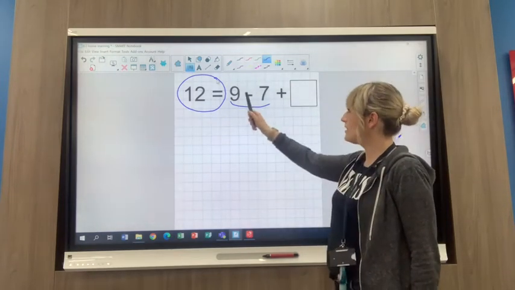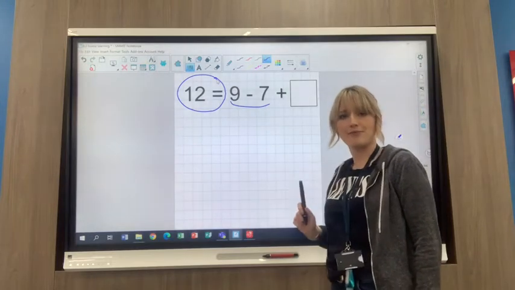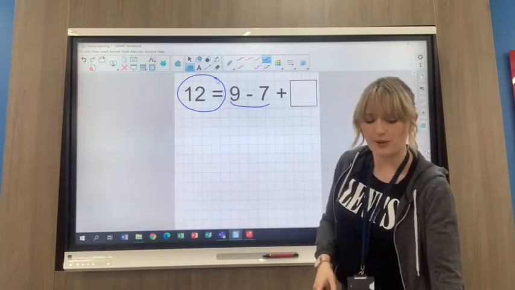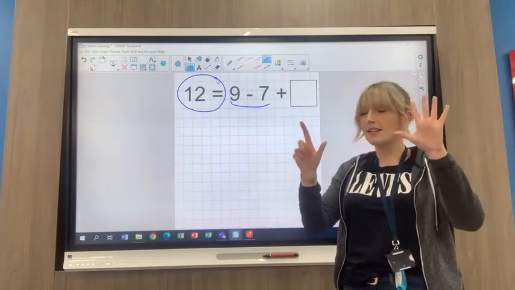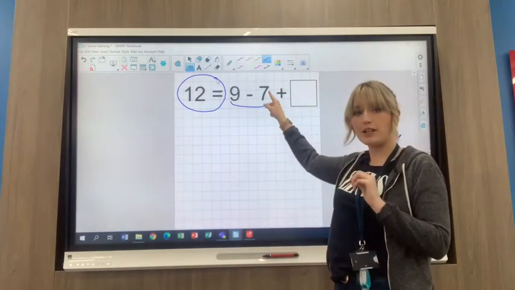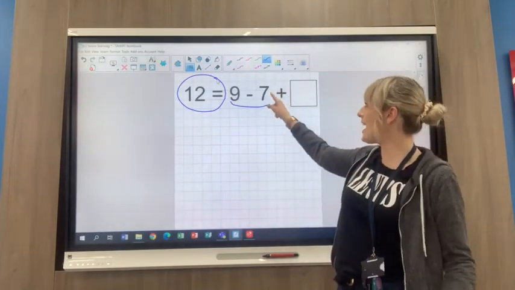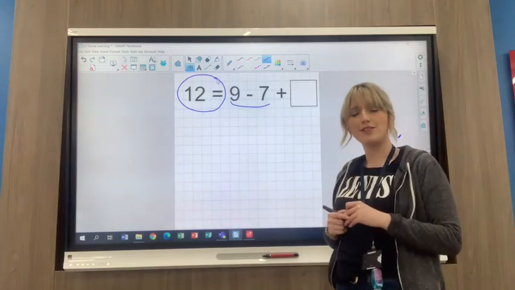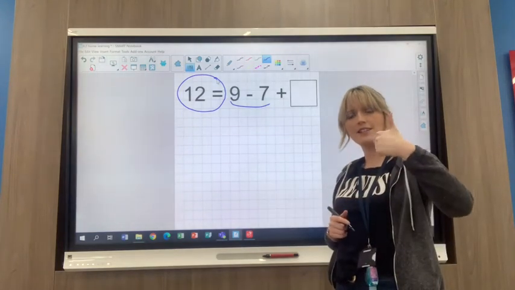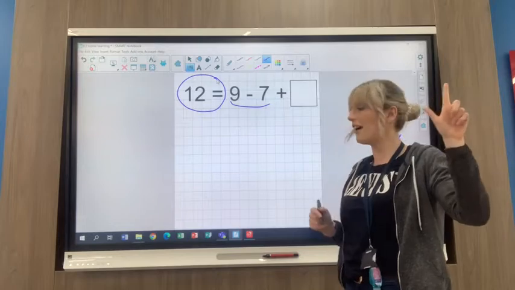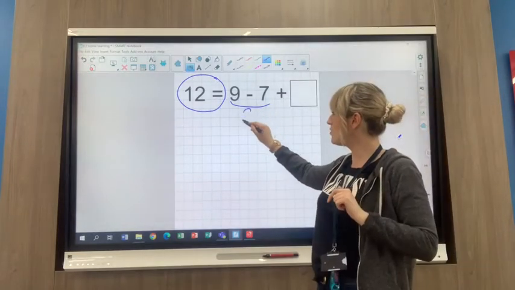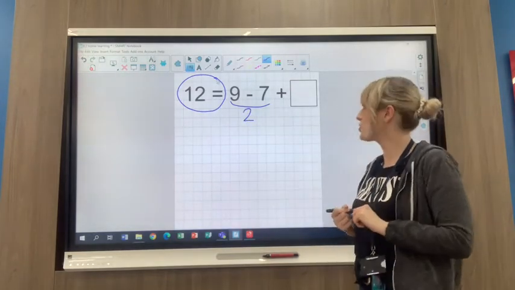So 9 subtract 7. See if you can work it out. We're counting back 7 times, or we could count from 7 to 9 to work out the difference. So 7, 8, 9. The answer is 2. So 9 subtract 7 is 2.